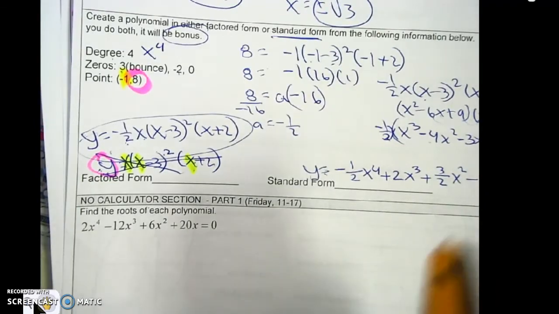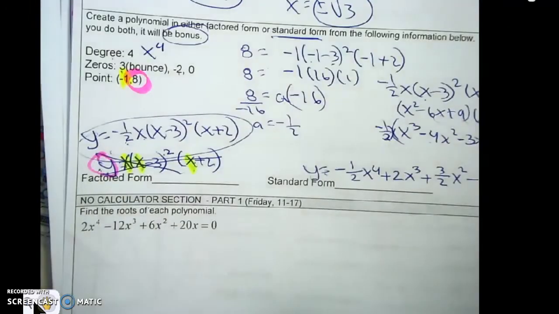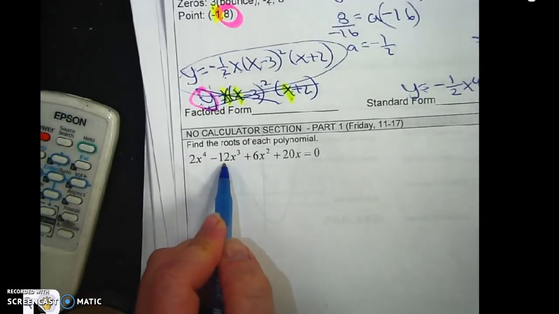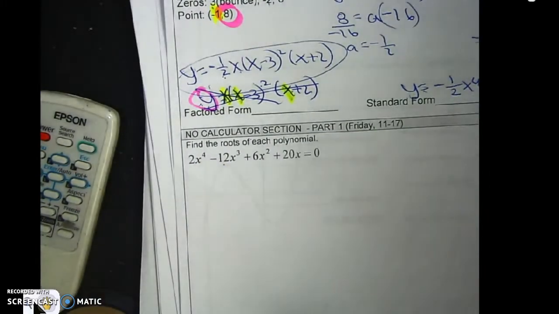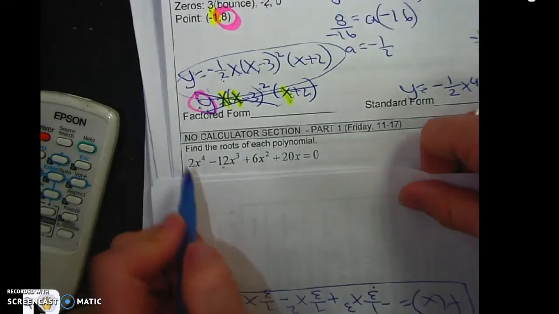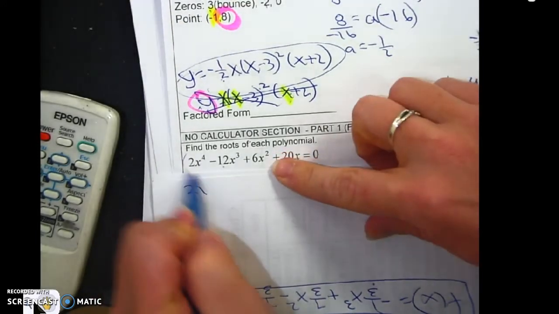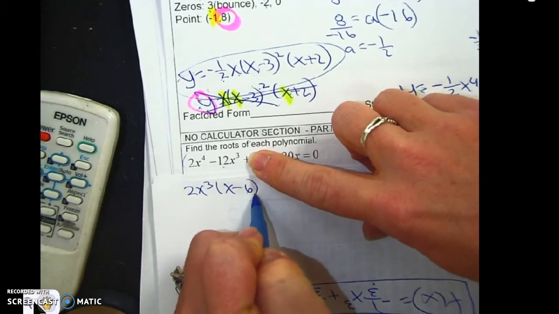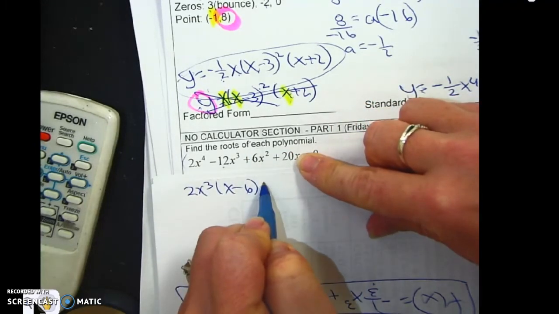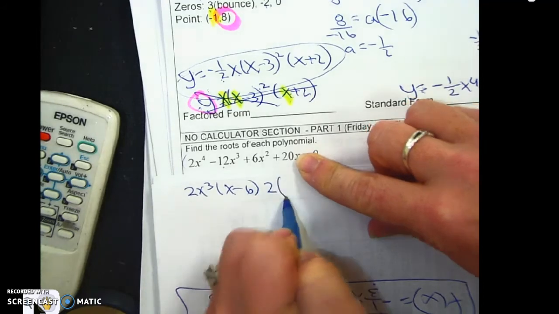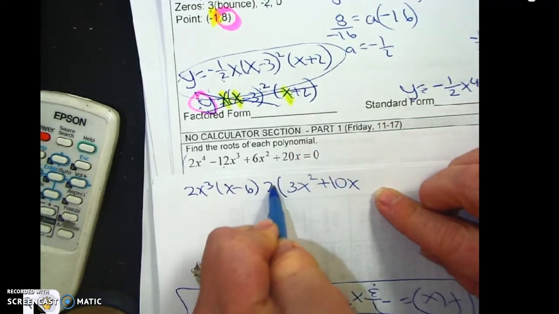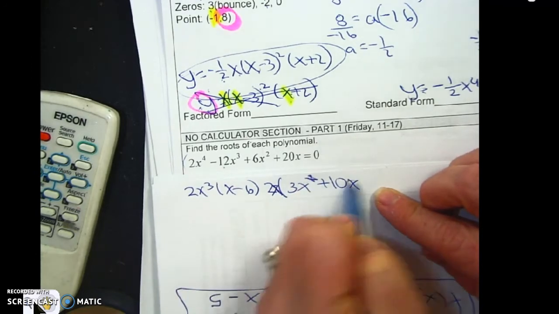Okay. Next problem is, this is the no calculator section, so I can't use it. This looks like factor by grouping, but I know it's not, because if I take out a 2, if I group this, I take out a 2x cubed, x minus 6, and then here I would take out a 2, and I'd be left with 3x squared plus 10, or 2x, 3x squared plus 10.